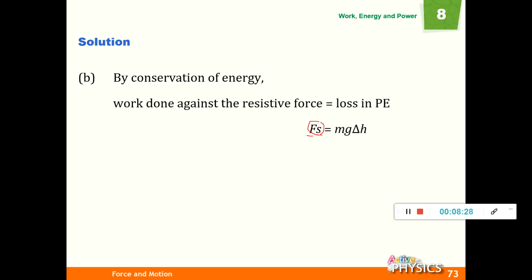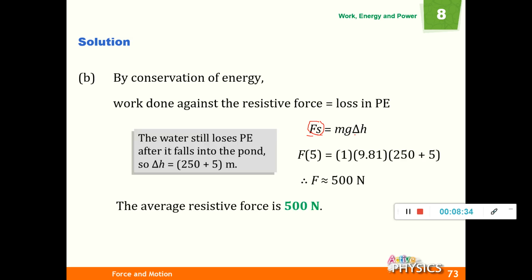This energy should be coming from the loss in GPE. Because the depth is 5 meters, the unknown friction will be this F. This one will be the mass, g is 9.81. This one is the total height difference. After the calculation, it will be 500 Newton.